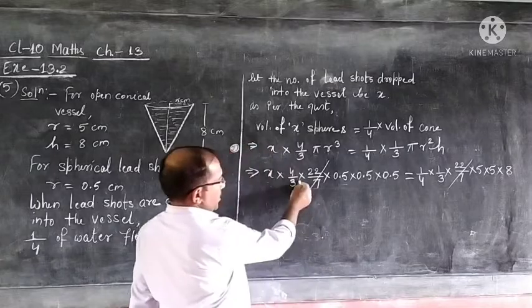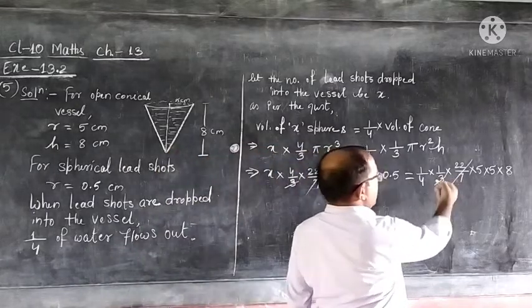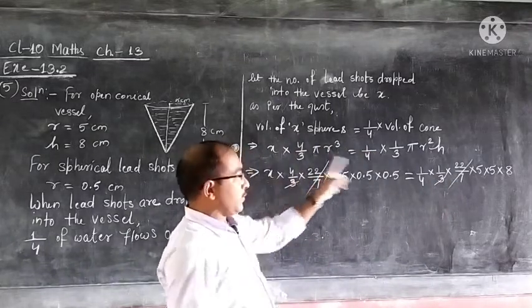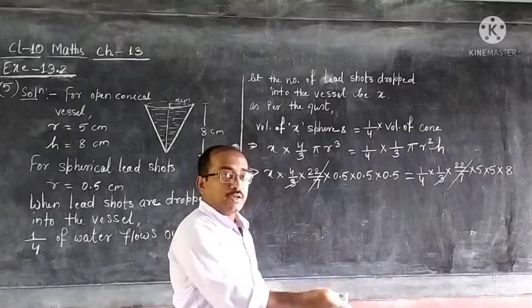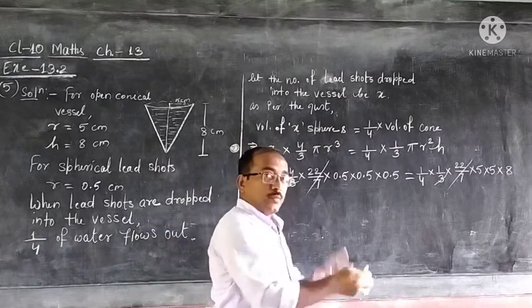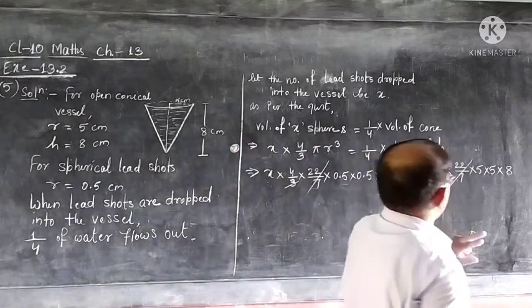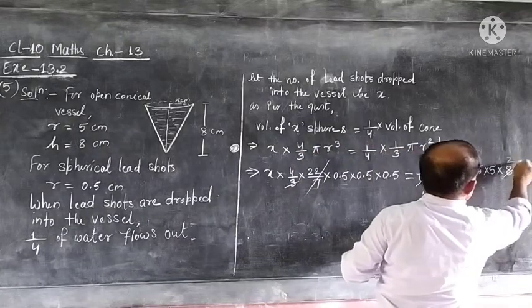And also see, 3 is in the denominator, here also 3 is in the denominator. This 4 don't cut, because this 4 is in the numerator, that 4 is in the denominator, we will not cut that. Same term of same sign, both should be there. Remember this. Then no other thing. Here we can cut, 4 ones are, 4 twos are.